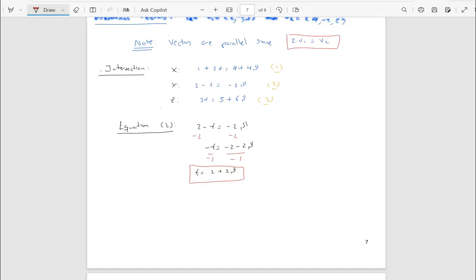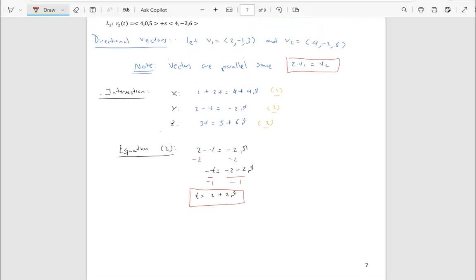Okay, so at this point, we can plug it into any of the previous equations. Notice that we actually used equation 2, so we want to plug it into any of the other ones. So let me plug it into 1.